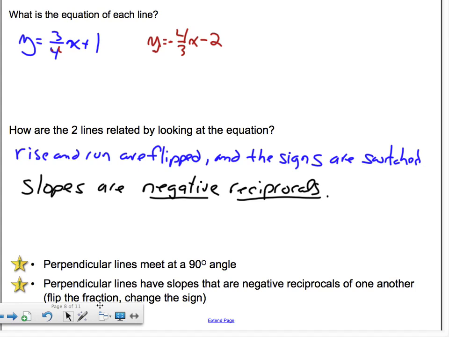So, in layman's terms, flip the fraction, change the sign. So the symbol would be something like line 1 is perpendicular to line 2. It's like an upside down T almost. Okay, so that's how you indicate perpendicular.